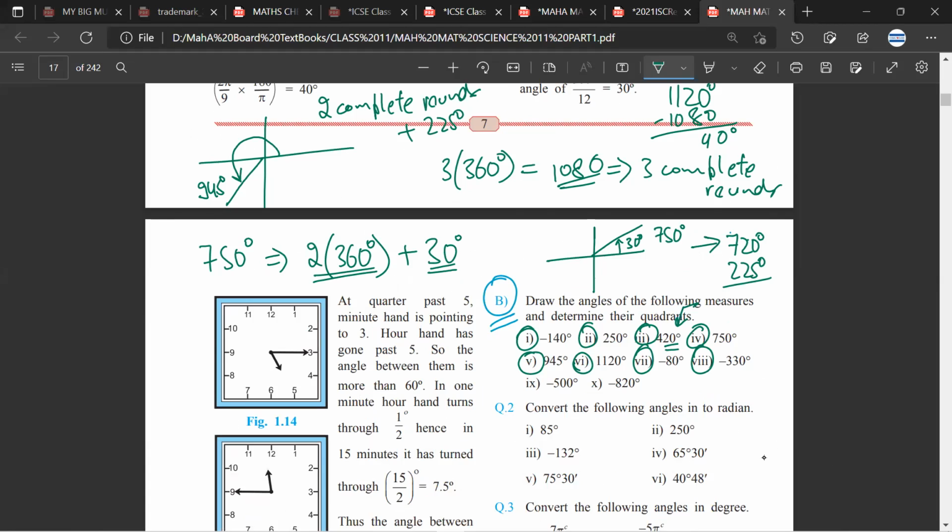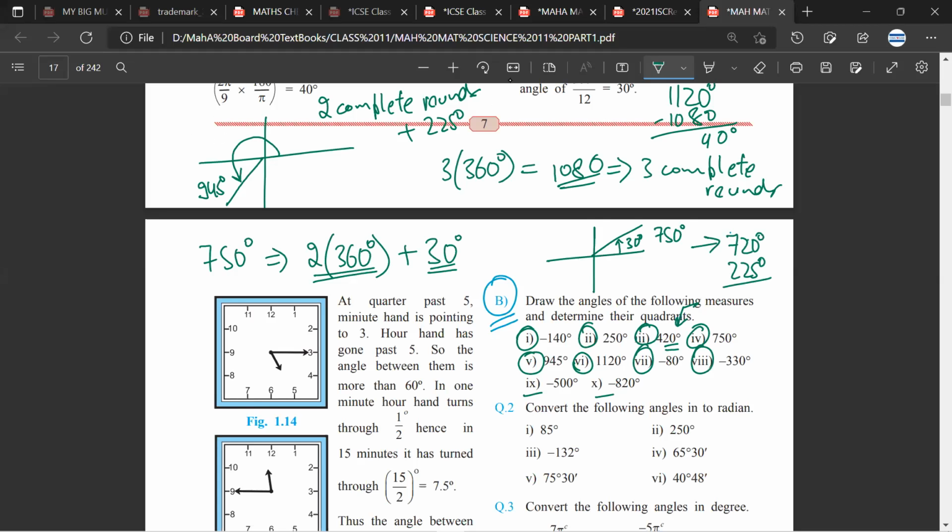Then I look at minus 500 and minus 820. Is it positive or negative? Yeah, it is negative. So minus 500 and minus 820.